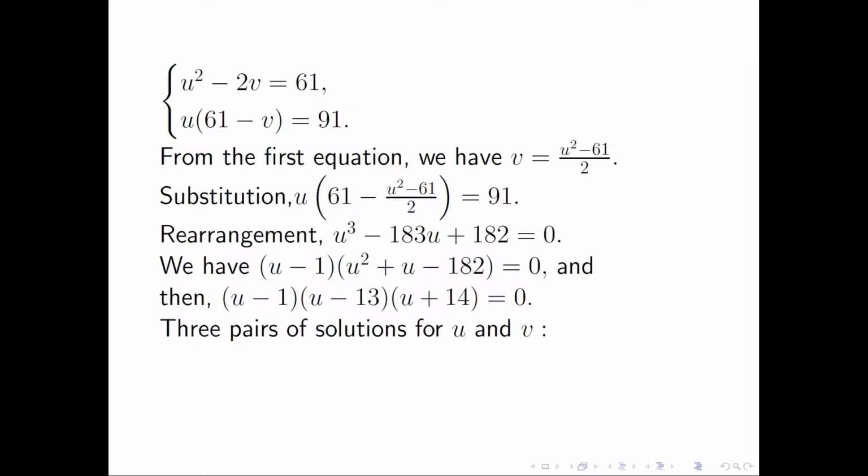Then we have 3 pairs of solutions for u and v. u equals 1, 13, negative 14, and plugging into the expression for v in terms of u, we get v equals negative 30, 54, and 135 divided by 2. So we have 3 pairs of solutions for u and v, and we know each pair corresponds to 2 pairs of x and y. This is exactly what we expected.